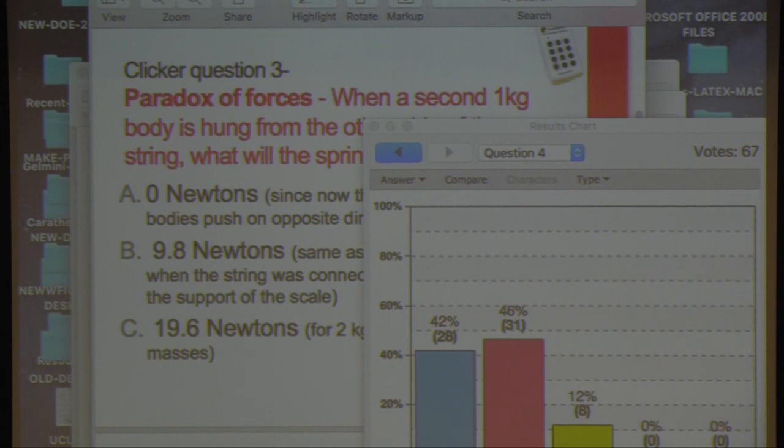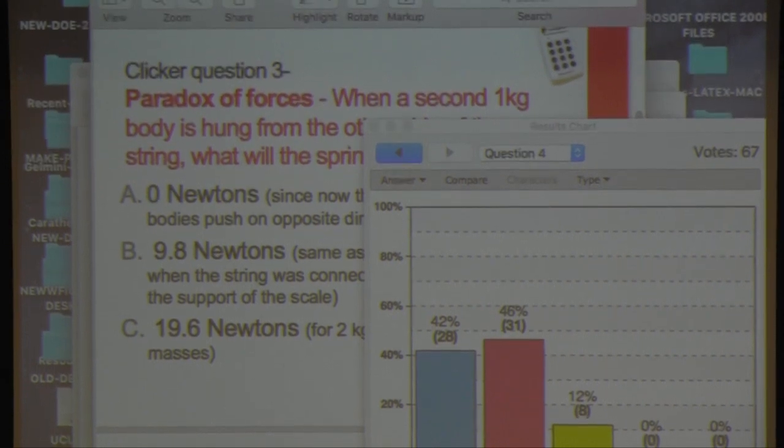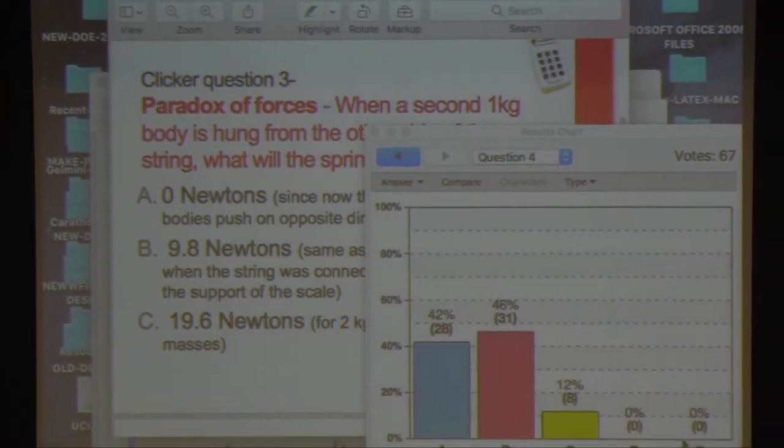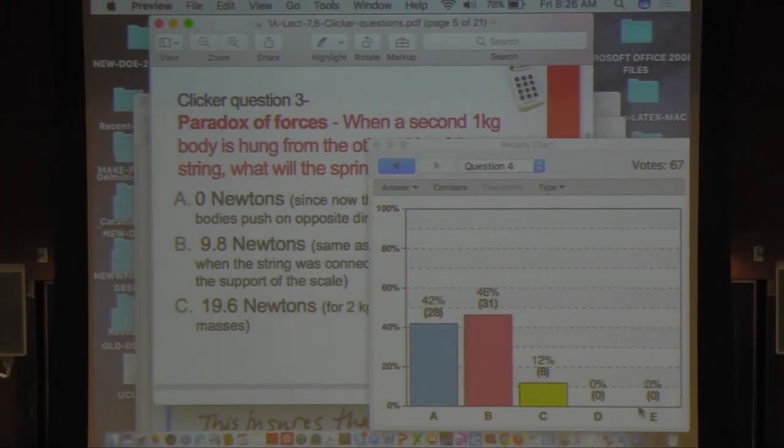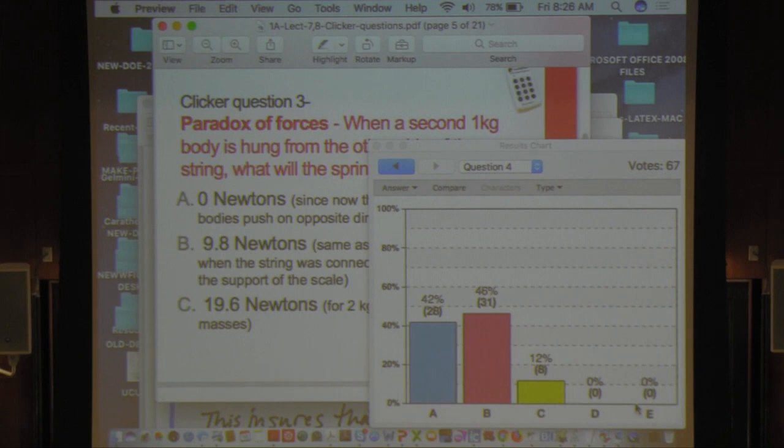So discuss with your neighbor, try to convince your neighbor. This is a very neat question. If you are isolated, please connect, because you should discuss with each other. You get to know your fellow students. They are your resource. Interact.